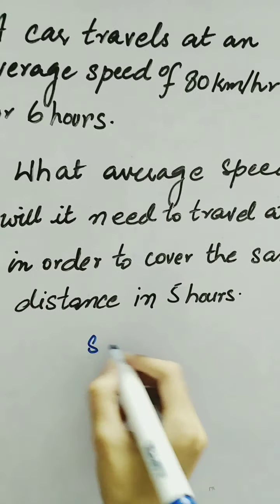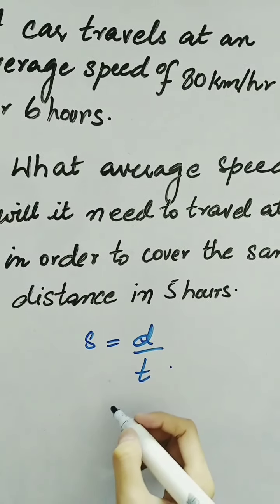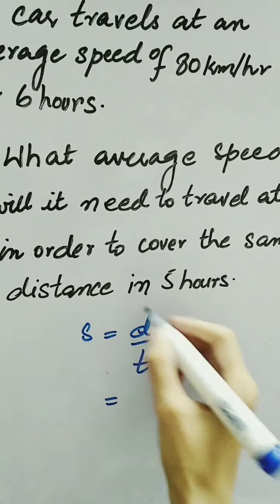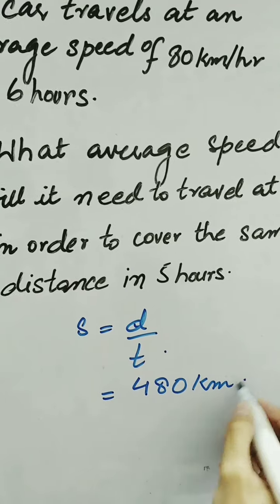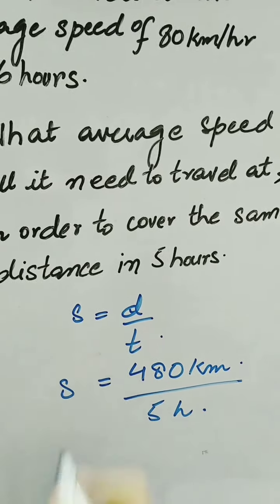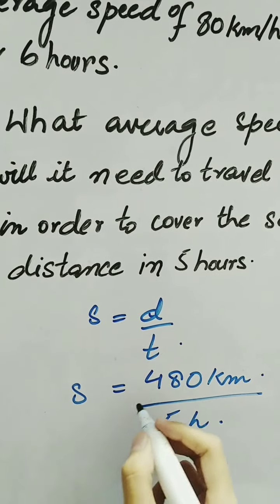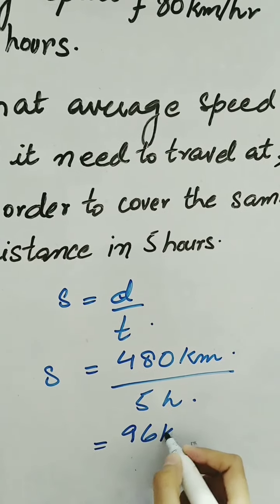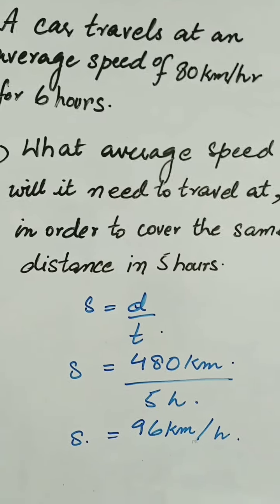So we know that speed is equal to distance over time, and the distance is the same which we have calculated in part A, which is 480 kilometers, and time is now 5 hours. And we have to find out the speed. So this is going to cancel out and we have 96 kilometers per hour as speed.